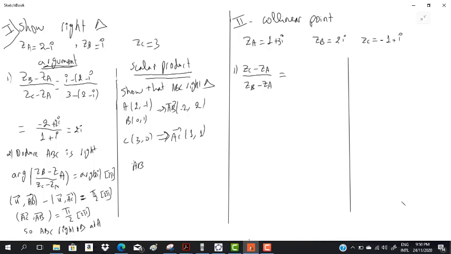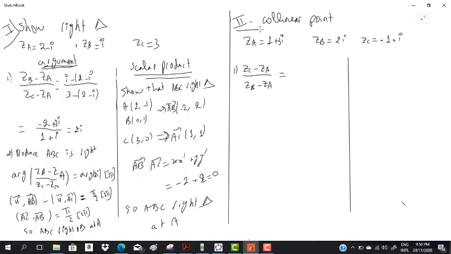If you calculate AB dot AC as a scalar product in a plane, xx' plus yy', the answer will be minus 2 plus 2, equal to 0. So the two vectors are perpendicular. So ABC is a right triangle at A. Of course, there is another method using the converse of Pythagoras' theorem.